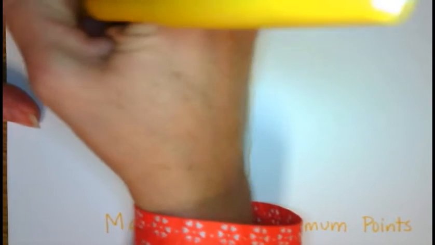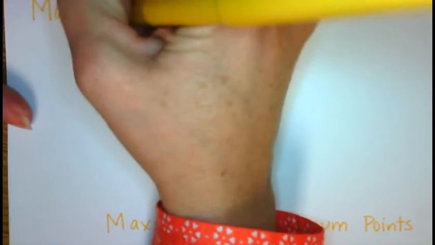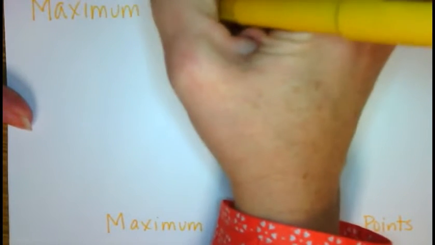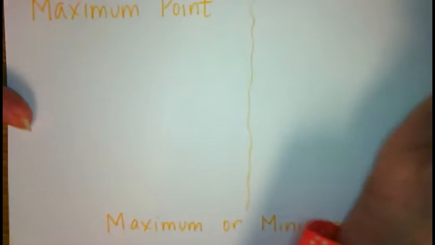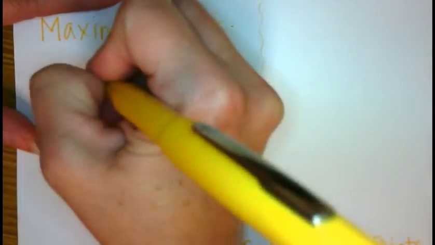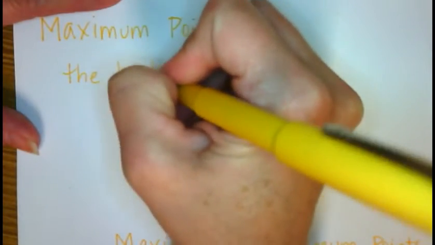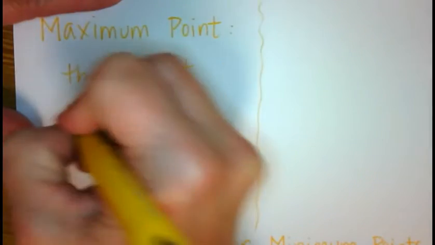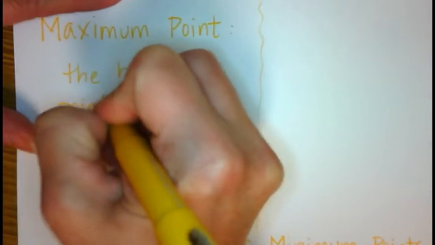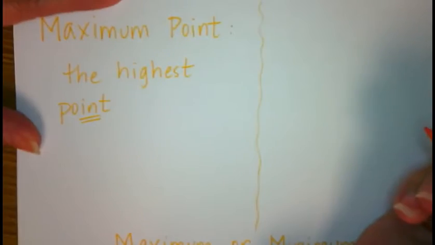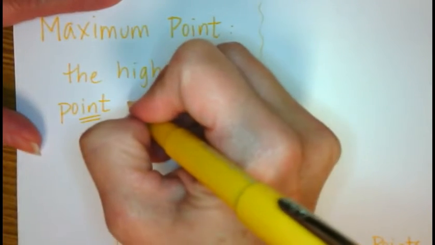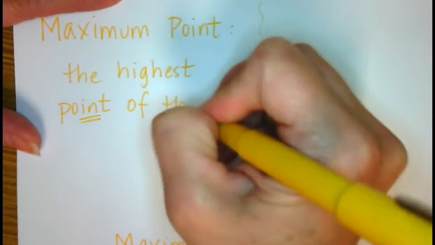I think this one makes total sense because the maximum point is the highest point on the function. So maximum point, the highest point of the function. And again, it's a point, which means an ordered pair. So the highest point of the function.